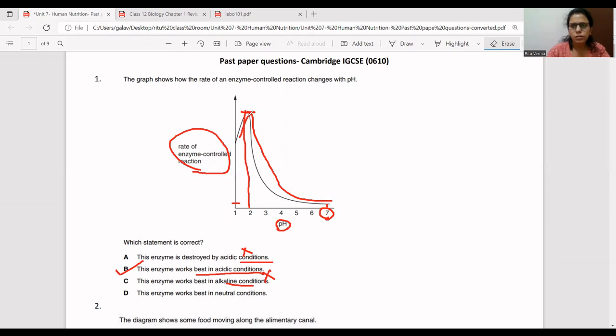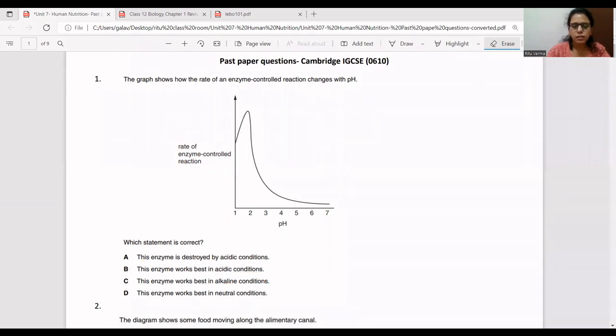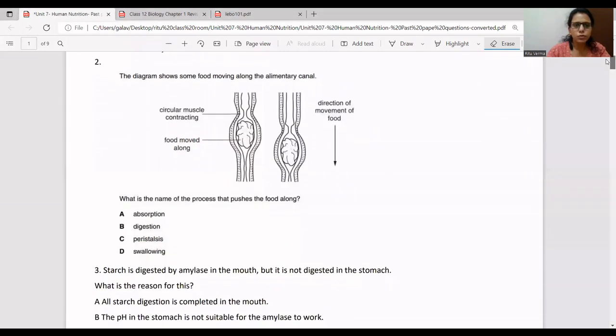Now the second question is, the diagram shows some food moving along the alimentary canal. This is the alimentary canal and the food is moving down as per this arrow. I've already explained that we have two types of muscles in our alimentary canal, circular muscles and longitudinal muscles.